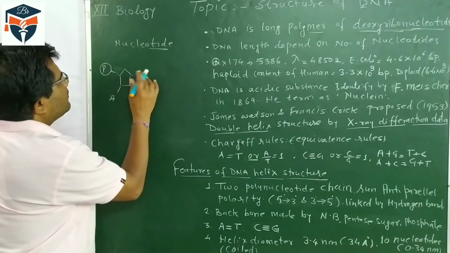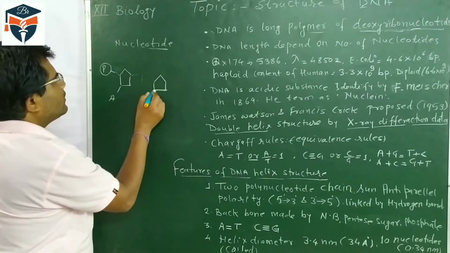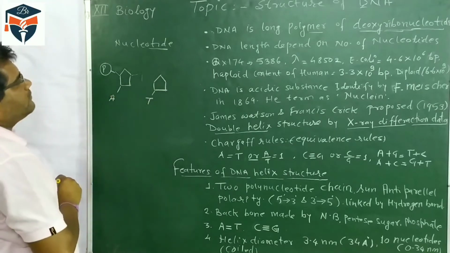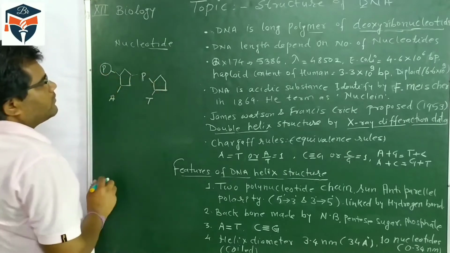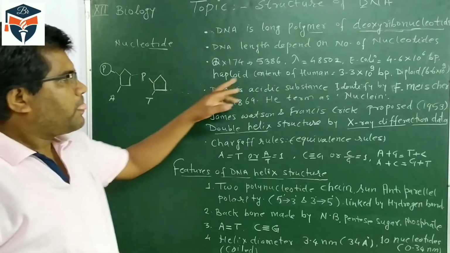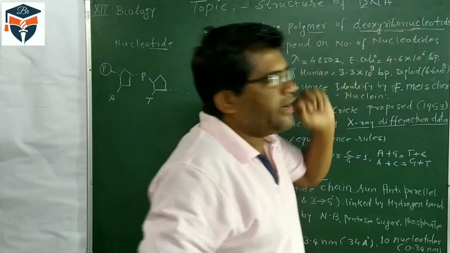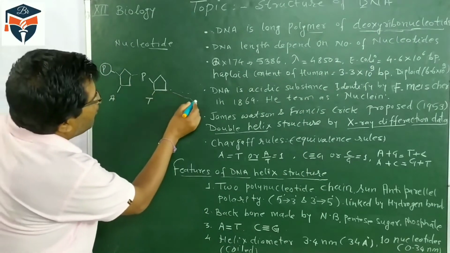Another molecule has a pentose sugar, another nitrogenous base, and a phosphate group. Many nucleotide units combine like this and form a long chain.